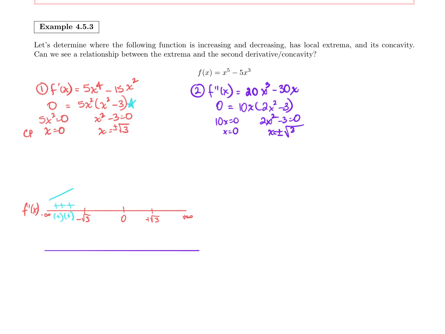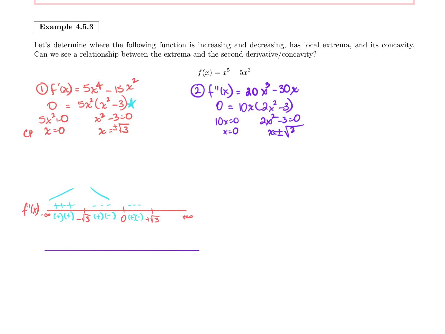If we choose a value between negative root 3 and 0, like negative 1, we would have 5 times anything squared is still going to be positive. It's always going to be positive. But negative 1 squared is 1. 1 minus 3 is going to be negative. So our function is decreasing from negative root 3 to 0. If we do something similar and plug in 1, we're going to have positive and negative again.